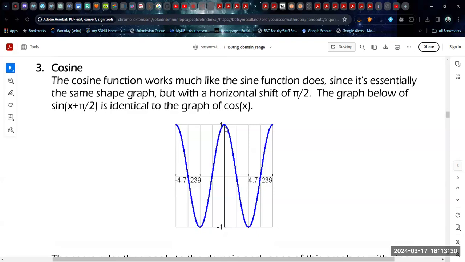So the domain that we're going to be looking at when we restrict the graph is going to go from 0 to pi, rather than from negative pi over 2 to pi over 2. But this is essentially a leftward shift of pi over 2, and you get back to the original sine graph.